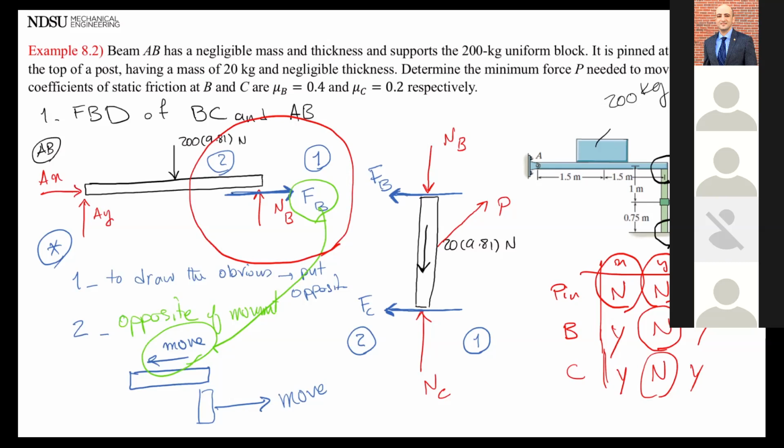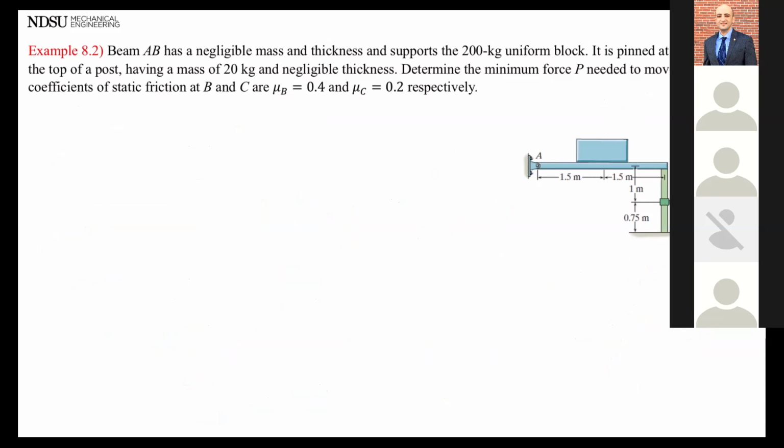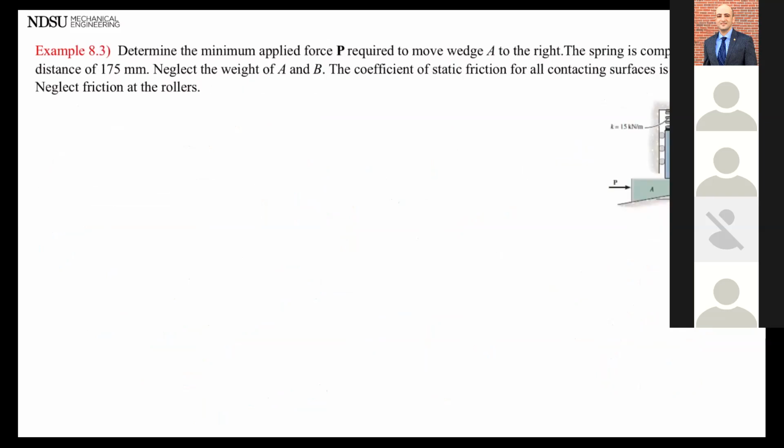So let me see. I'm gonna leave this here unless there's a question about free body diagram. I'm gonna solve it, but I wanna draw another free body diagram now that we are on this topic. Okay, so let me draw another free body diagram, not this one.